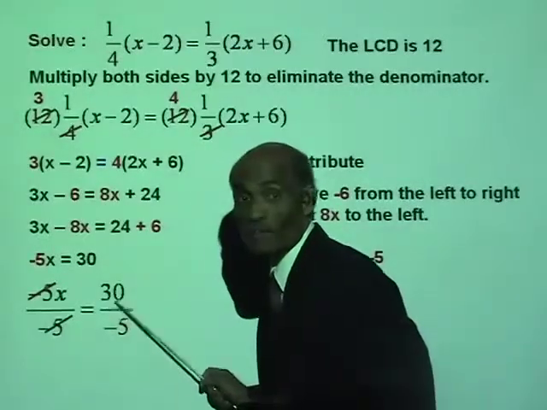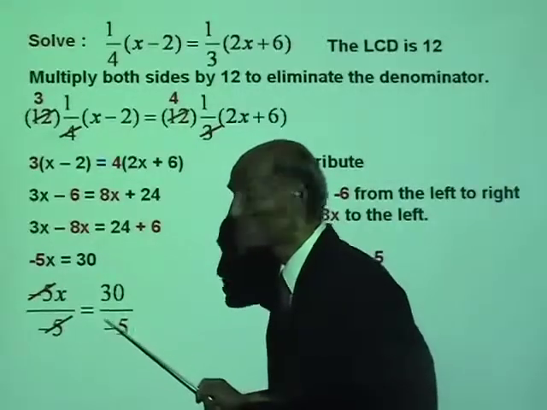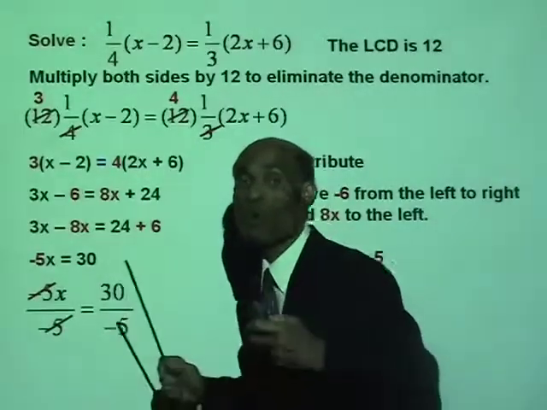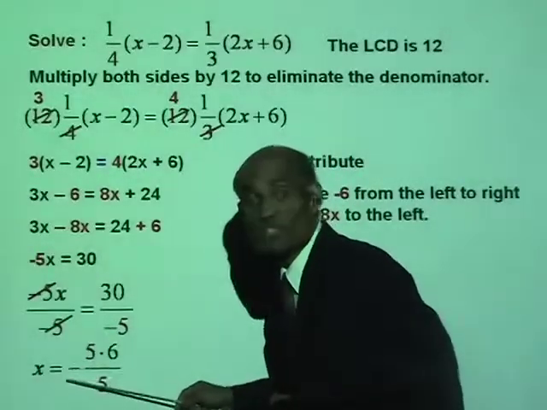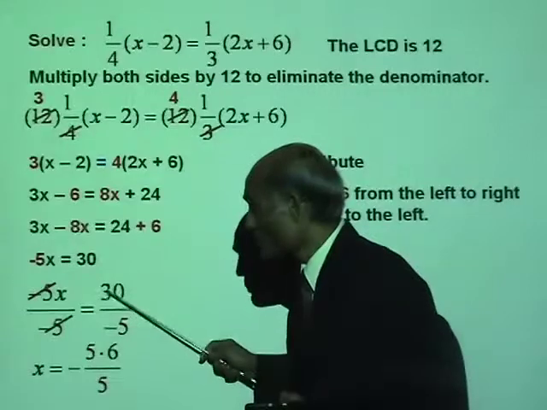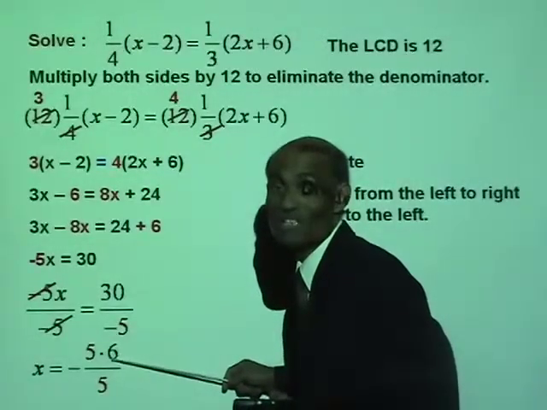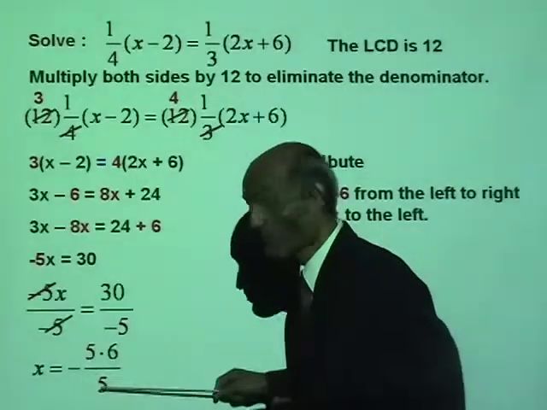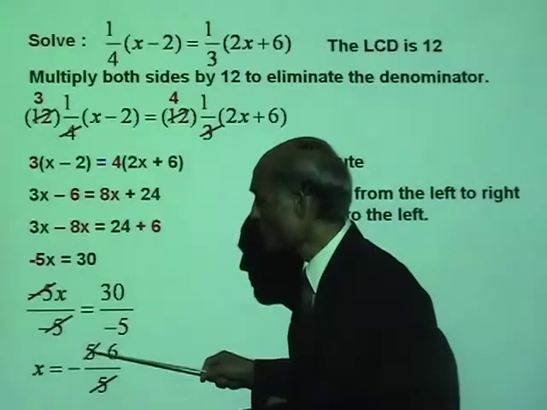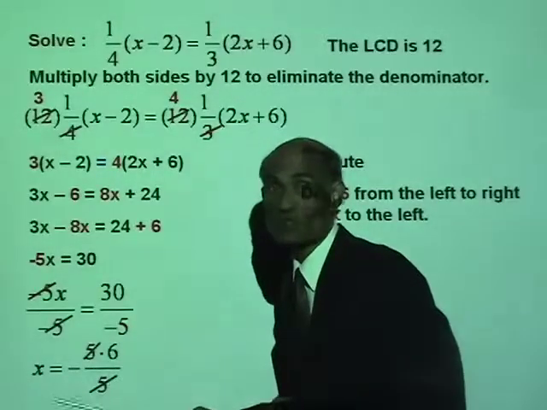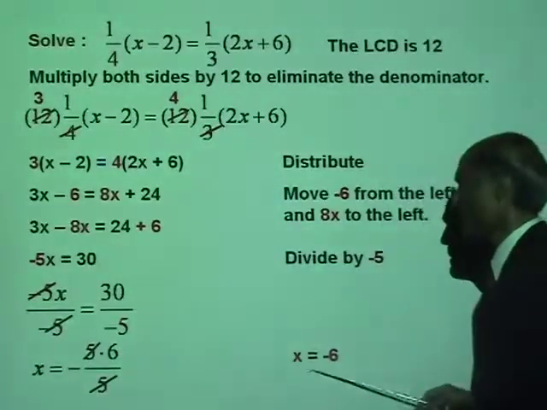On the right, the numerator is positive, the denominator is negative. That means the whole number is negative. That gives me x equal to negative 30 is 5 times 6. You understand why I wrote 30 as 5 times 6. I have a 5 on the denominator, and the 5 goes with the 5. What is our solution? x equal to negative 6 is the solution.